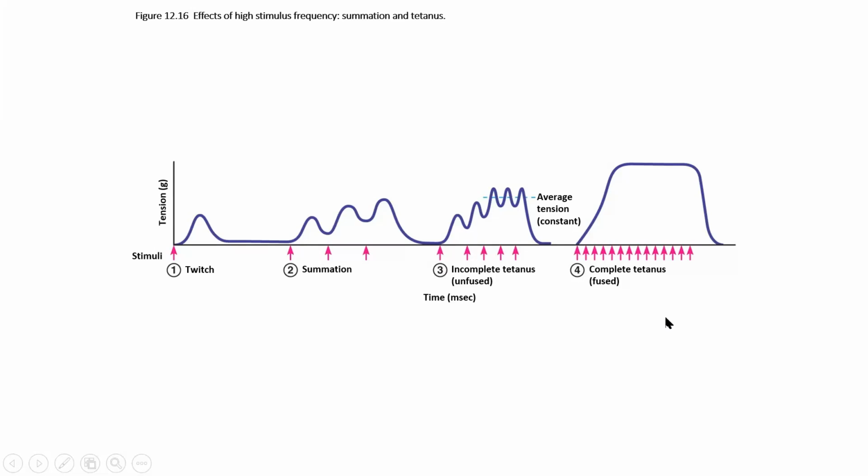And then we'll eventually get into complete tetanus, which is basically fusion of all those contractions into one large sustained contraction, which is called complete tetanus or fused tetanus, okay? And here we can see there's absolutely no muscle relaxation in between. And kind of explaining again the biochemistry here, this is where all of the troponin is maxed out.